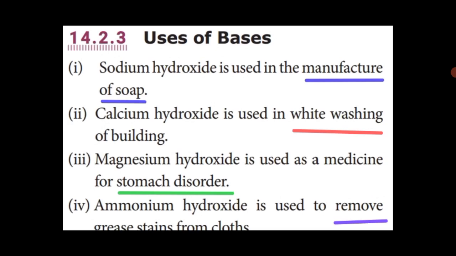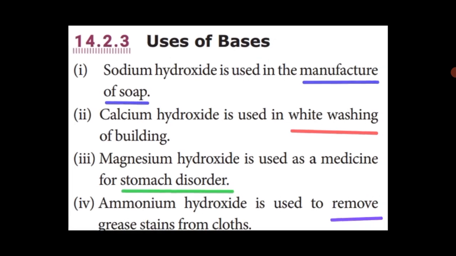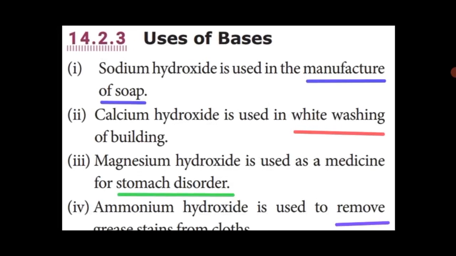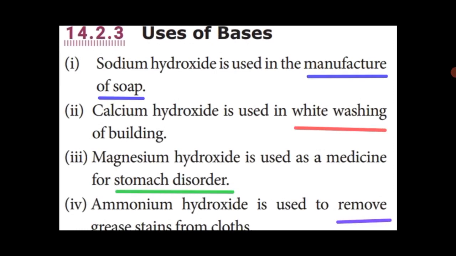The third is magnesium hydroxide. What is the formula of magnesium hydroxide? Mg(OH)2, used as a medicine for stomach disorders, that is, as an antacid.